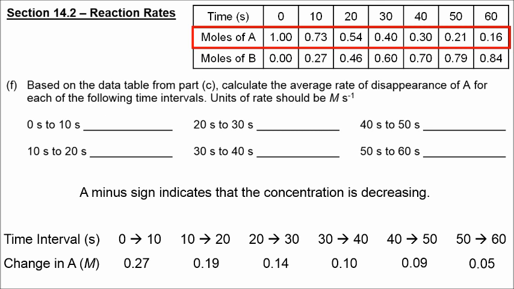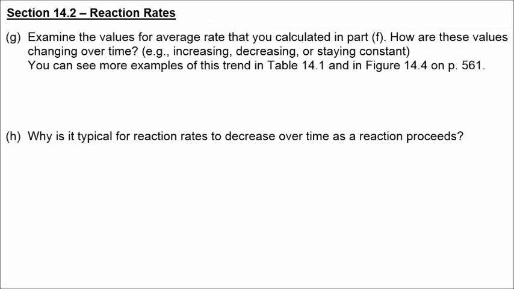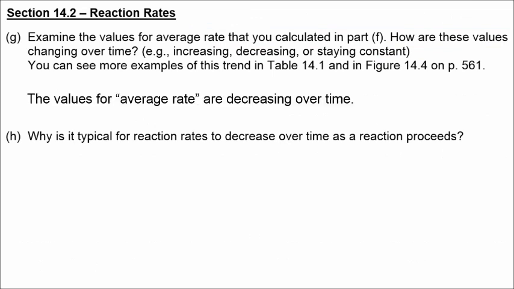So if we divide all of these numbers by 10 seconds and we add a negative sign to show that it's disappearing over time, so it's decreasing, what you can tell is that the rate of disappearance of A over this particular 10-second interval as we go is decreasing. So examining the values for this average rate, the values for average rate are decreasing over time.